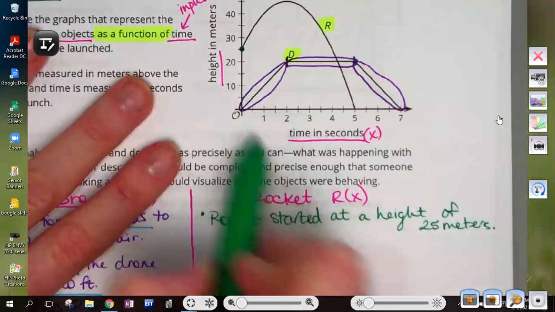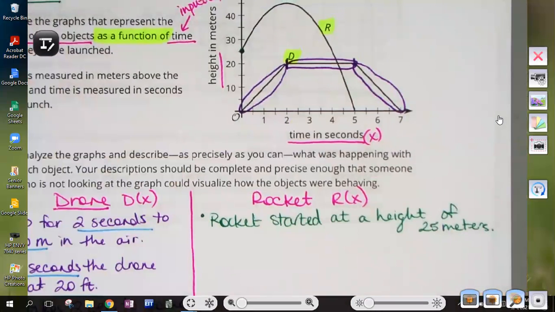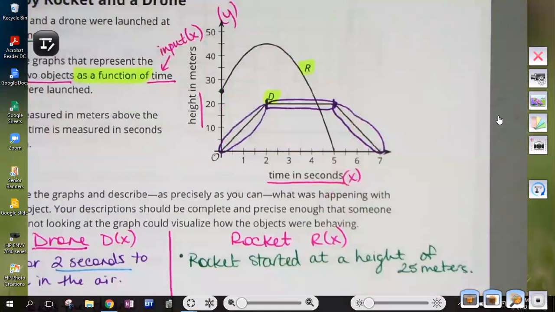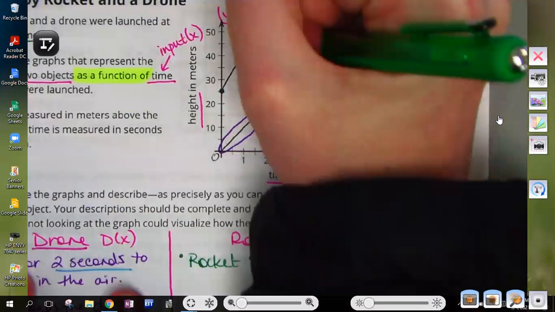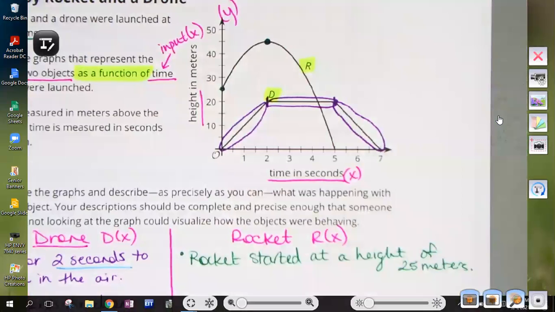And then we have the height of 25 meters, okay? So then what does it do when they launch that rocket? It gradually goes up until when? Okay, so it's about right there, which is about the 2 second mark. Okay, so it gradually increases to how high? 45.